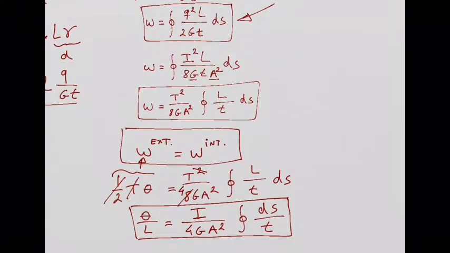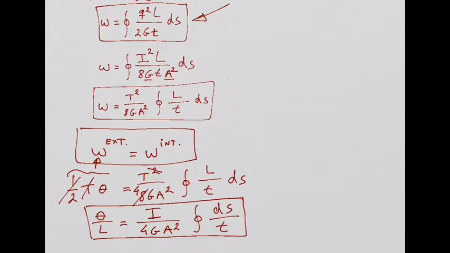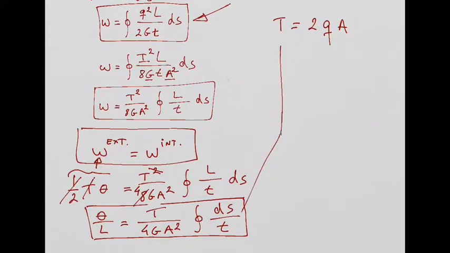All right, so before we finish this part and do some application examples of this, I can just do one more thing, which is if I replace again torque by 2QA, again by the same expression, I can also write this. So if I replace these two, I can get the gradient of twist, or theta over L, equal to 1 over 2GA.